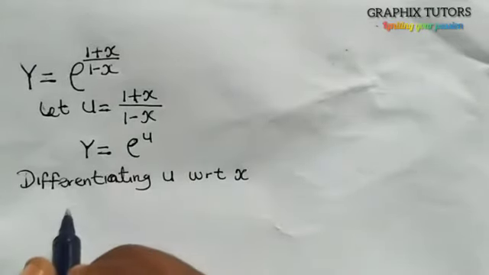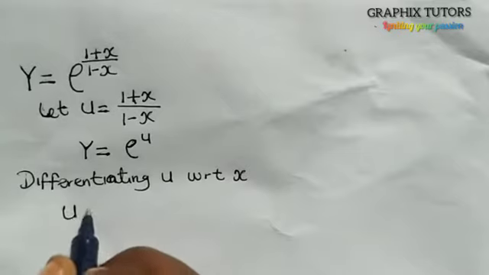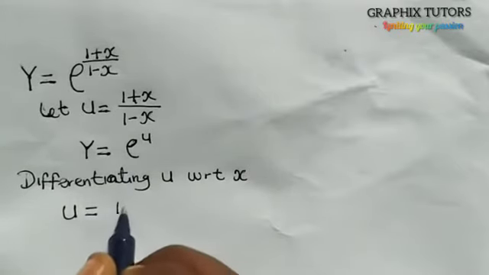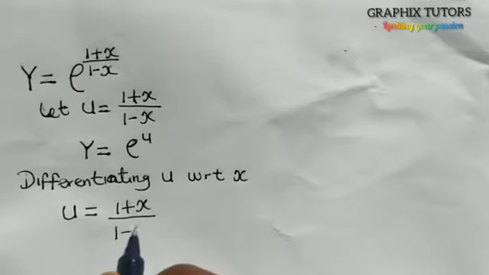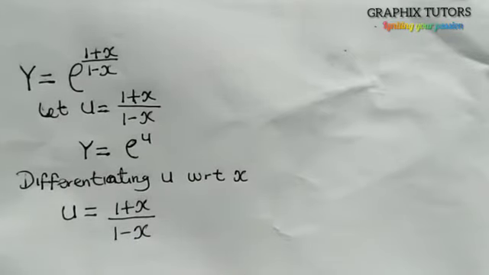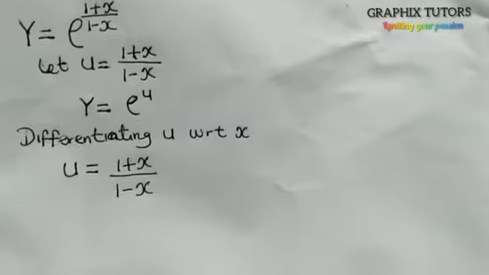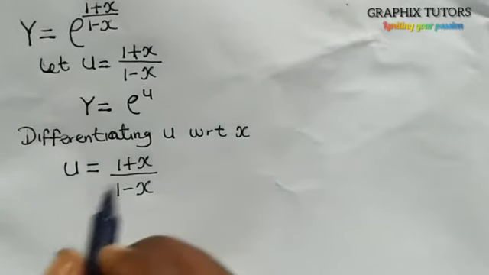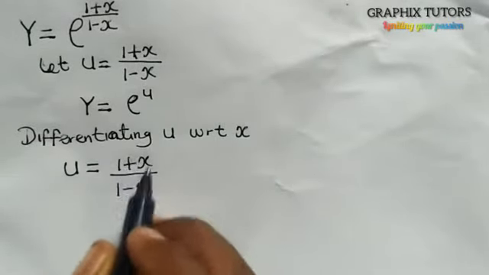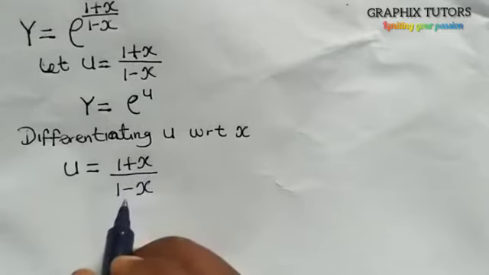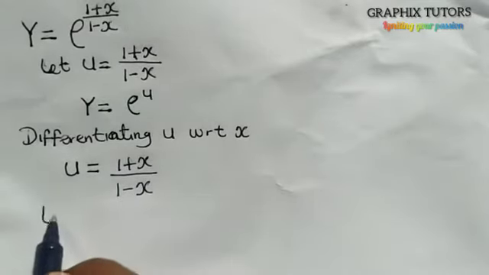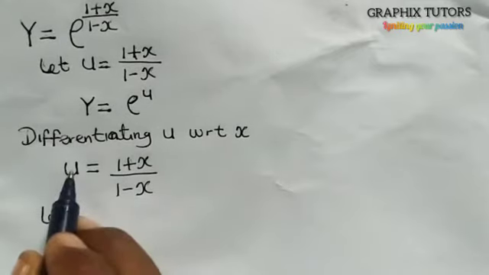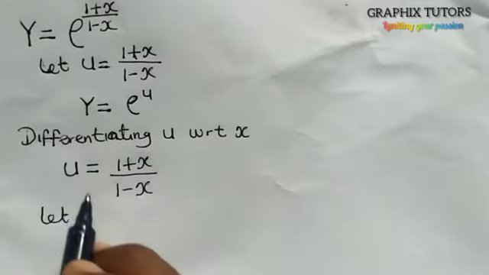So I'll write this out. This will be u equals 1 plus x all over 1 minus x. That's what we're differentiating. Now if I'm to do that, this will be the quotient rule, because they are dividing each other. Since I've used u before, I must not use u again to avoid confusion.